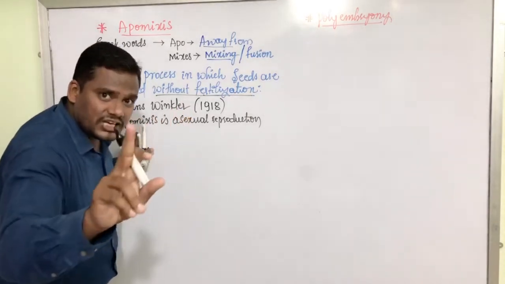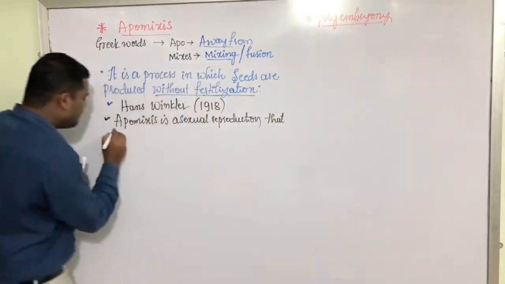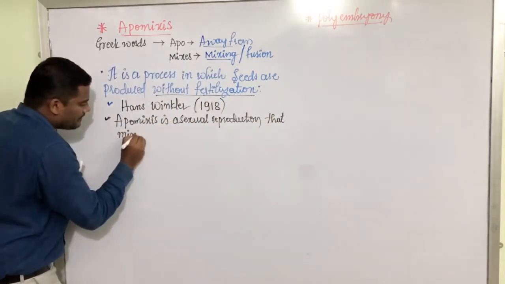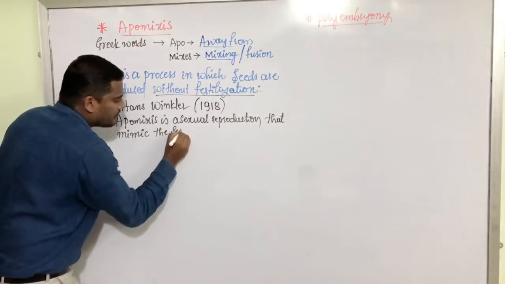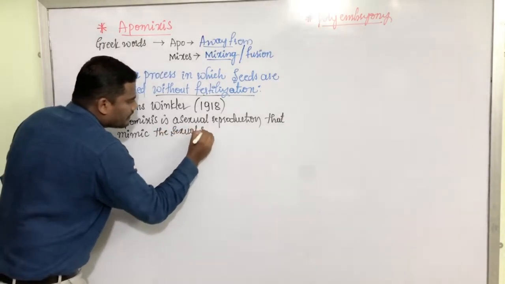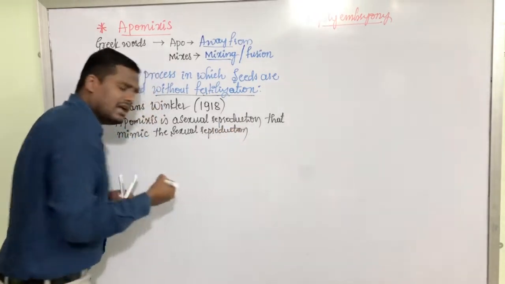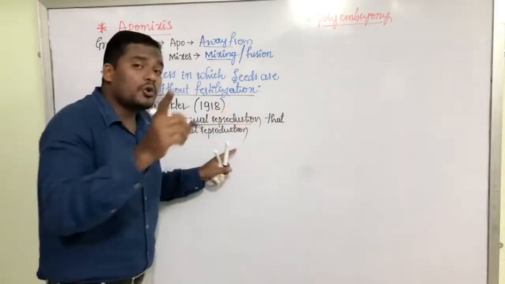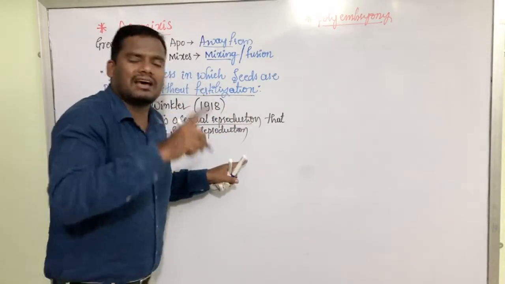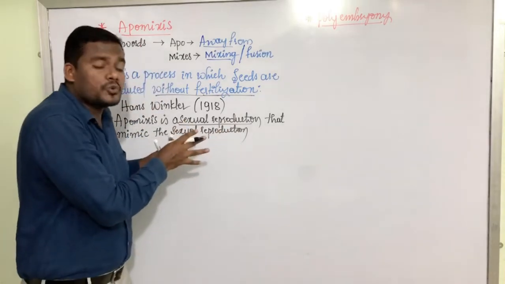Apomixis is an asexual reproduction that mimics sexual reproduction. It is doing a mimicry of sexual reproduction.